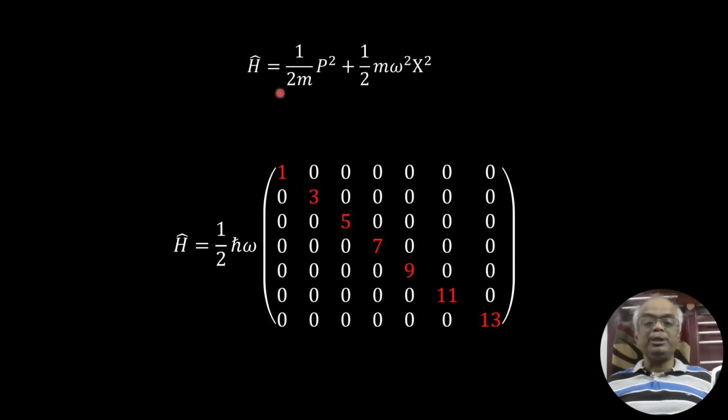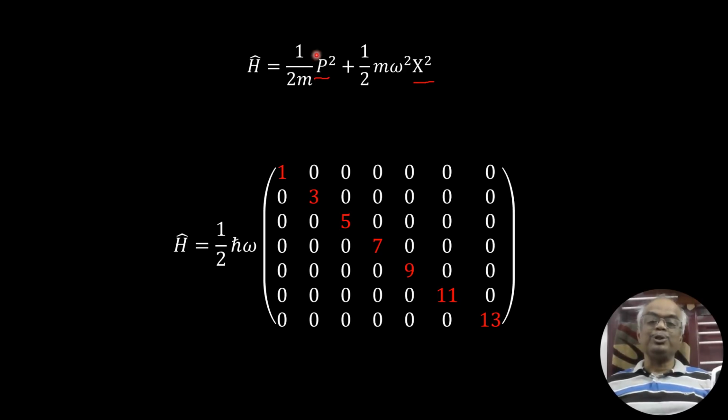Now the Hamiltonian for the harmonic oscillator is H equal to 1 over 2m p squared plus half m omega squared x squared. You replace the p squared and x squared matrices. It is a little bit lengthy but straightforward.